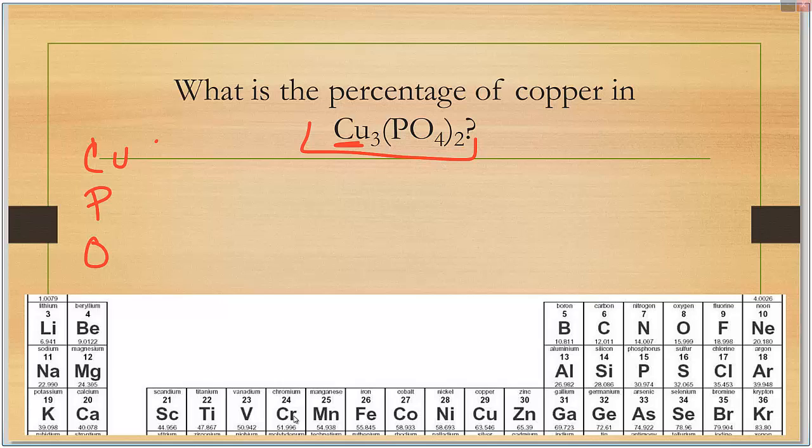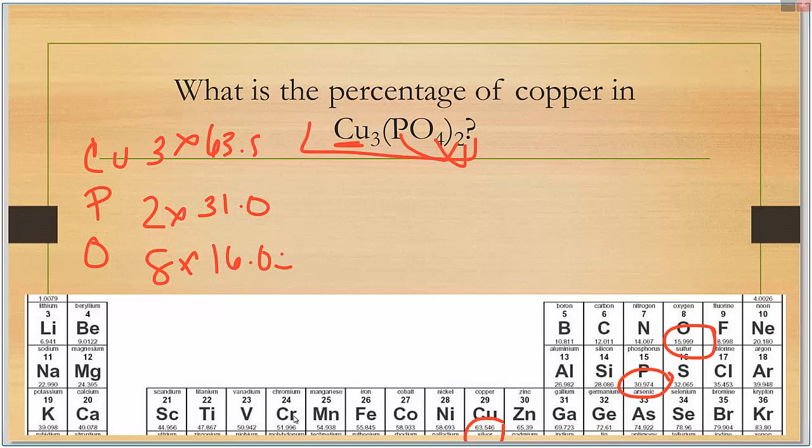We actually have 2 phosphorus and 8 oxygens. So looking at our periodic table, we find that copper is 63.5. Phosphorus, which is right here, is 31.0. And oxygen, which is right here, is 16.0.